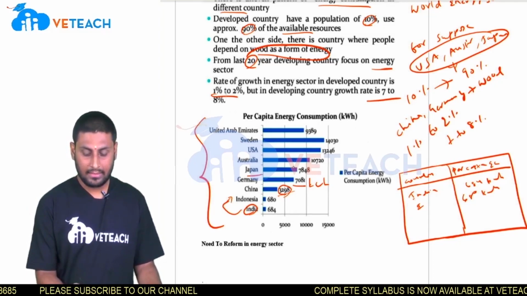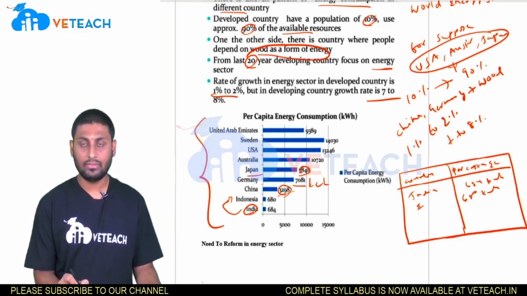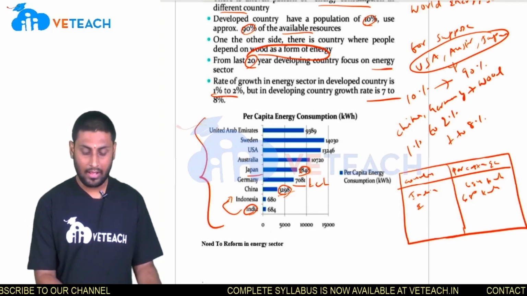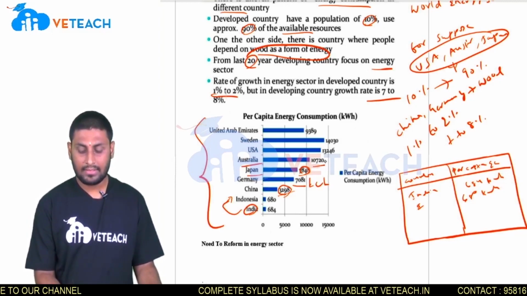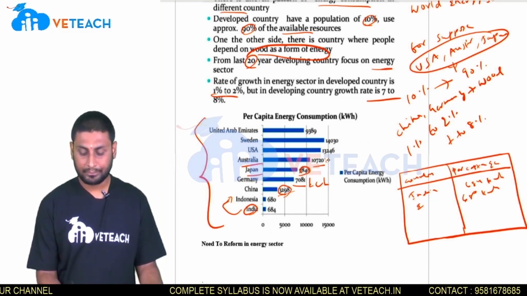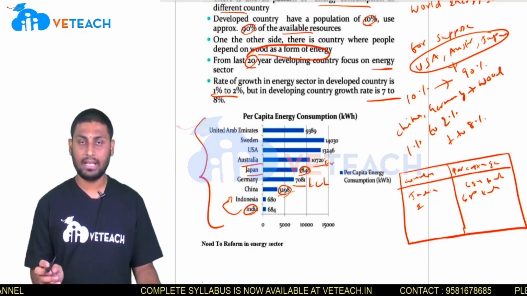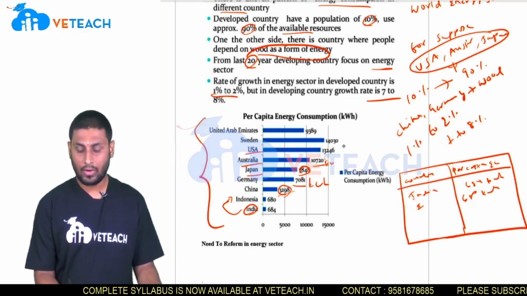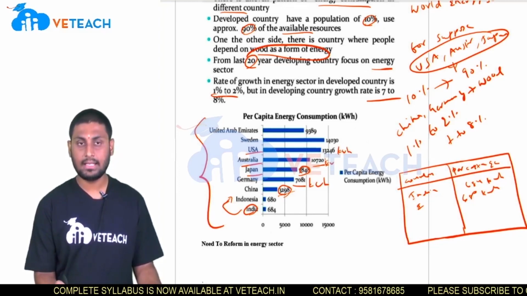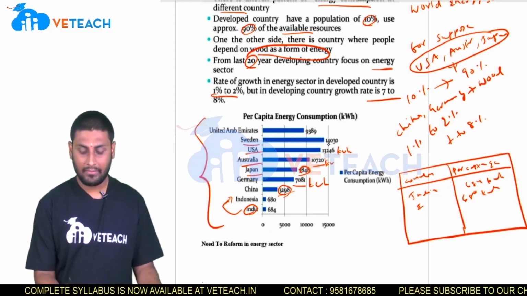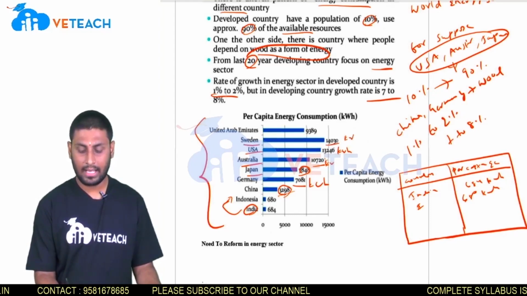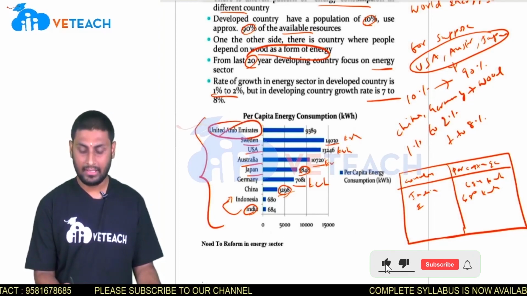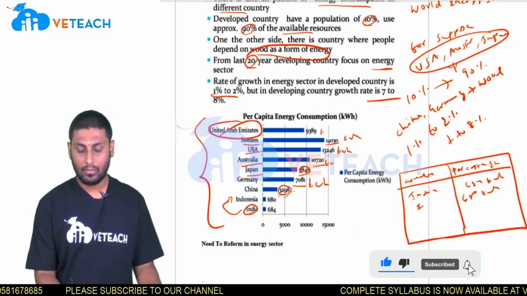Japan has 7848 kilowatt hour per capita energy consumption, Australia has 10720 kilowatt hour, USA has 13246 kilowatt hour, Sweden has 14030 kilowatt hour, and finally United Arab Emirates has 9389 kilowatt hour.